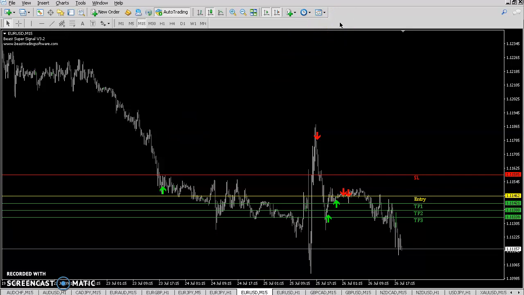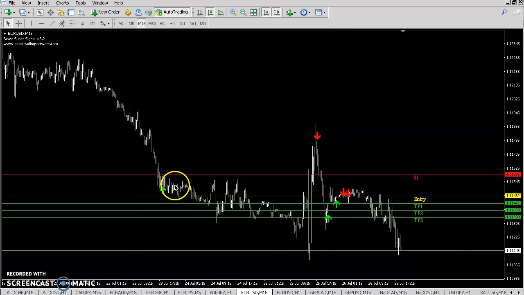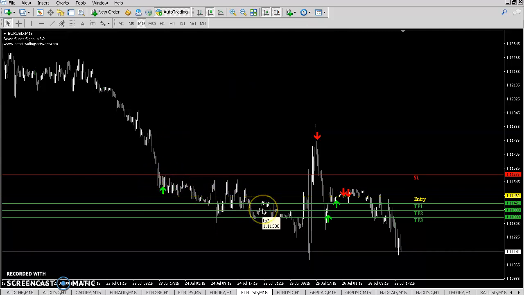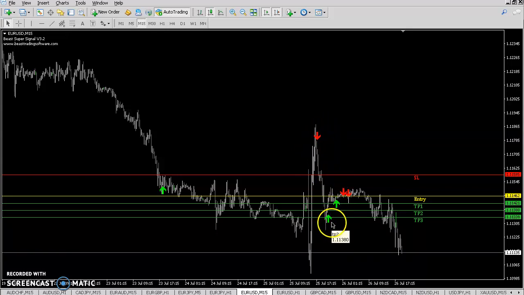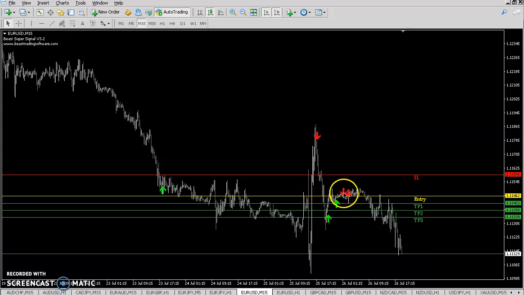Here we're on the 50-minute chart. We did have a buy signal earlier this week. Unfortunately, it didn't really go our way and would have taken our stop, but due to the Euro news, we managed to catch it on the reversal, banked a nice amount of pips, caught two buy signals, then two sell signals, and these two sell signals, we've just been riding it all the way down, banking a nice amount of pips.